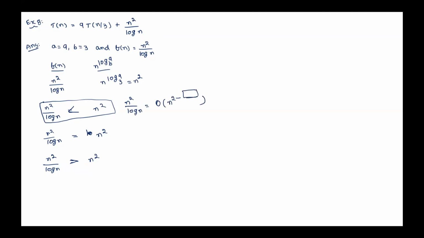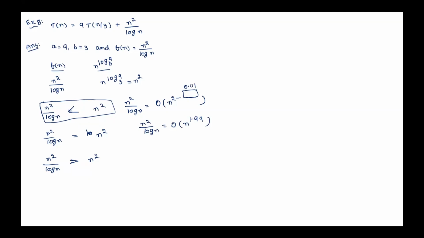If I subtract, say, 0.01, can we write n square by log n as big O of n power 1.99? Is that correct?